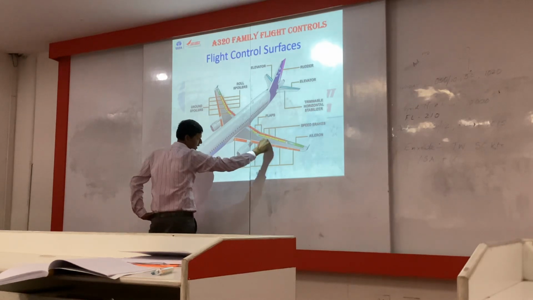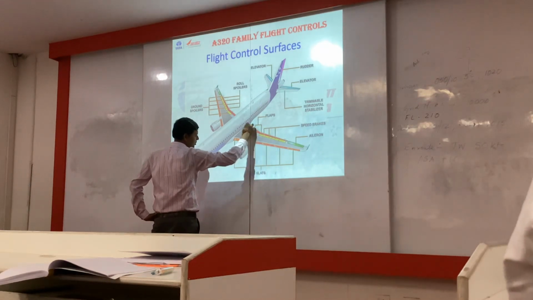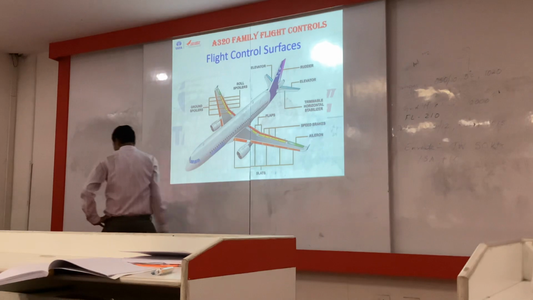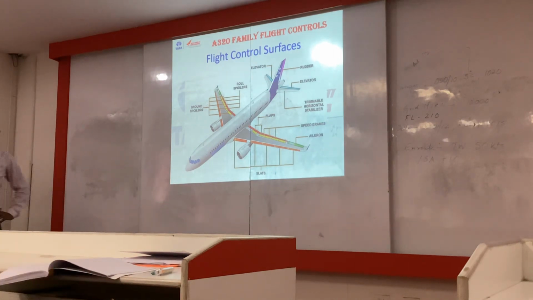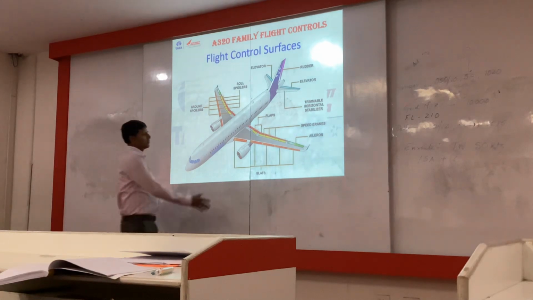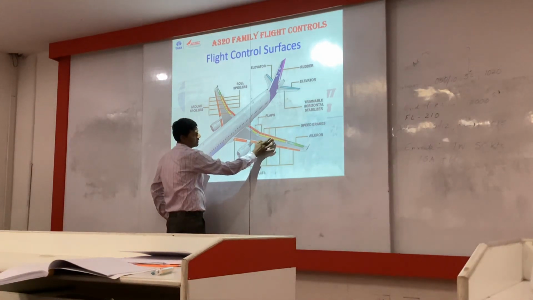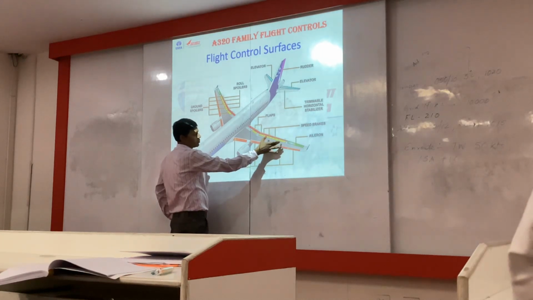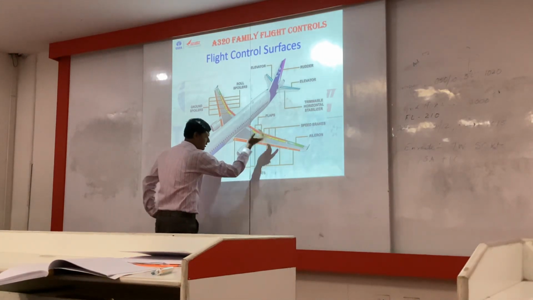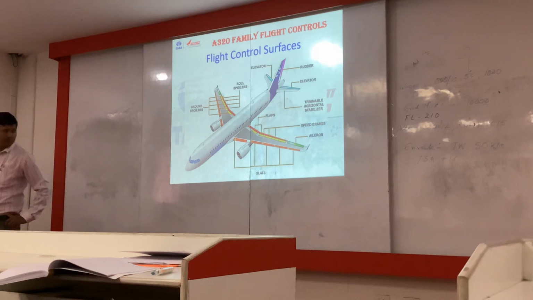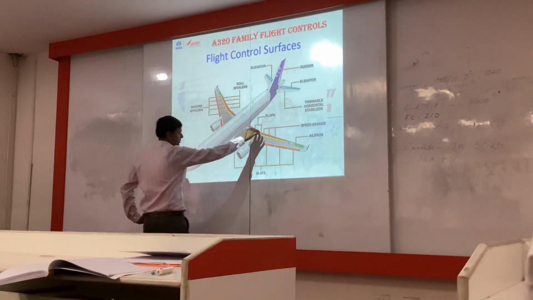Numbers are from this side or this side? Inside. So these, 2, 3, 4, 5, are called low response. 2, 3, 4, speed brakes. So flaps and slats.